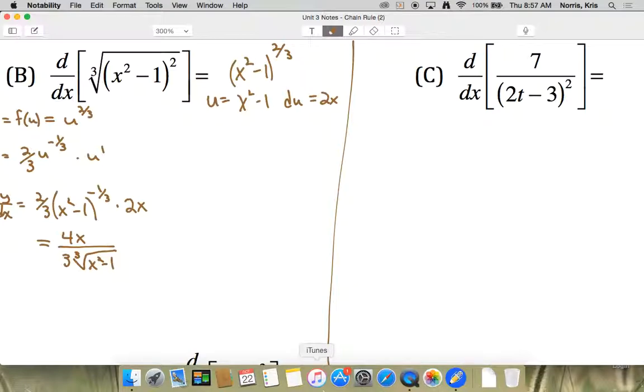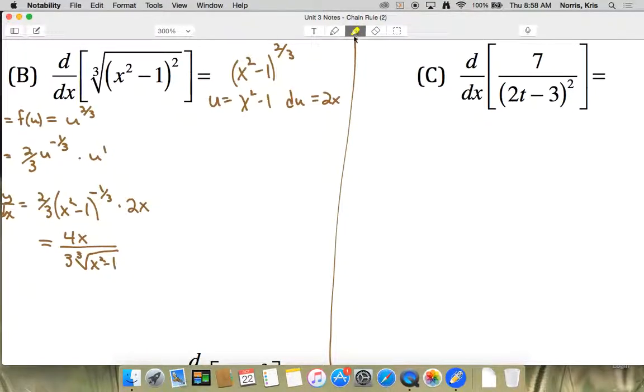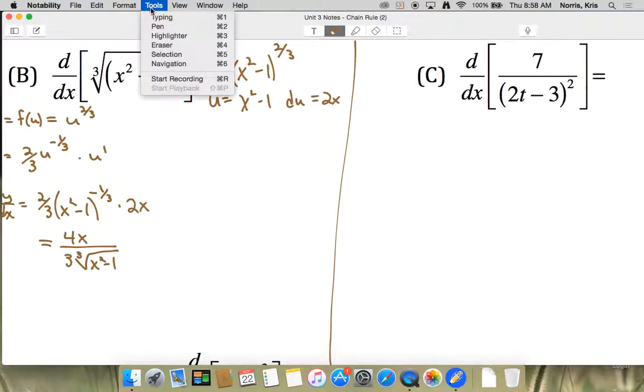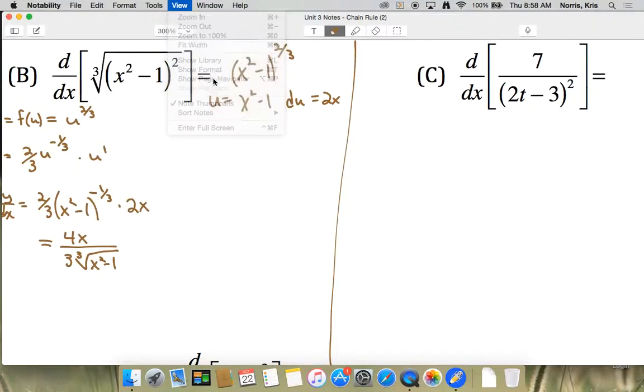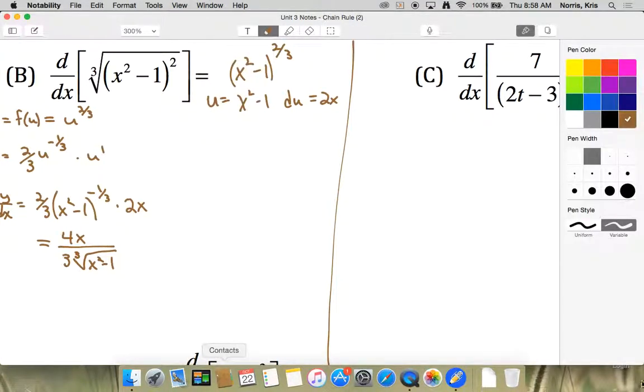I don't know where my little button is to change colors. It's on the right side. That's on the left. Click the pen thing.